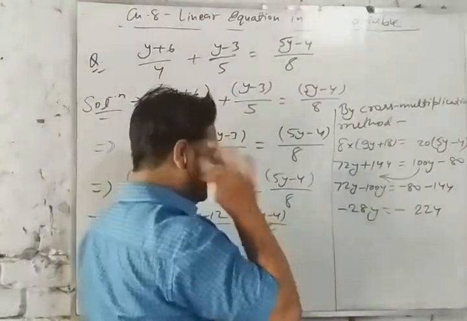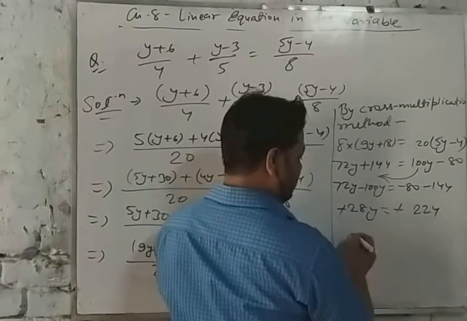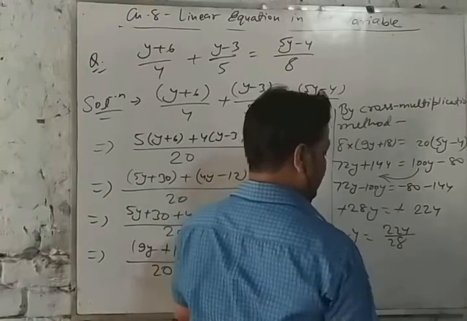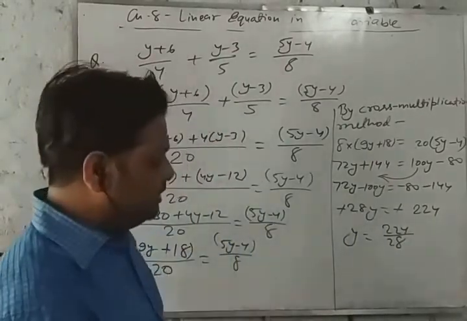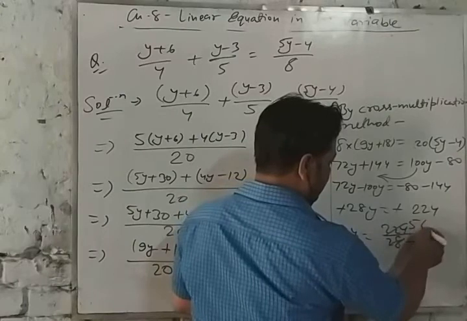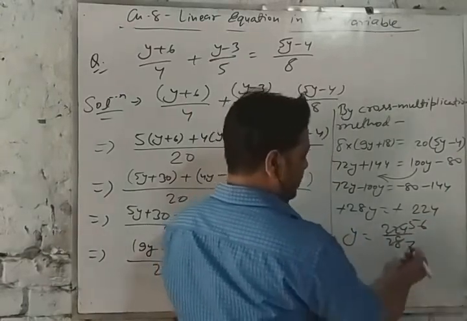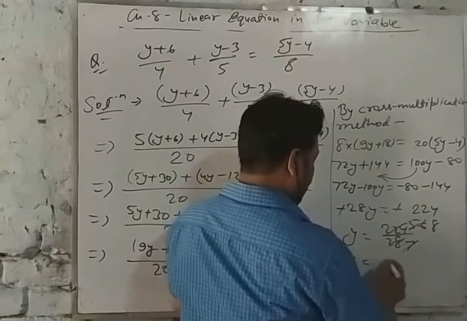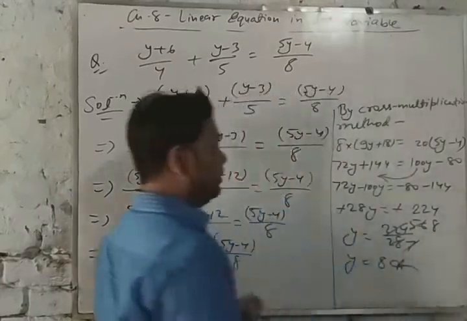Okay. Then minus cancelled out. Then y is equal to 224 by 28. Now divide it. If there is divisible, then 4 sevens are 28, 4 fives are 20, 4 sixes are 24. Then 7 eights are 56, means the value of y is equal to 8.